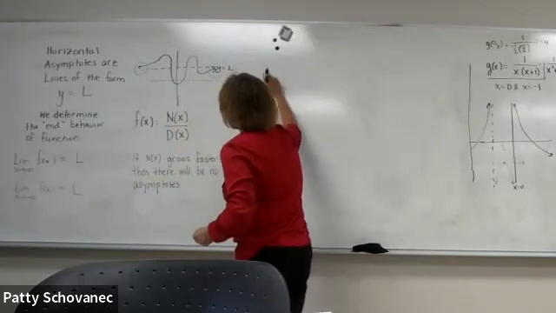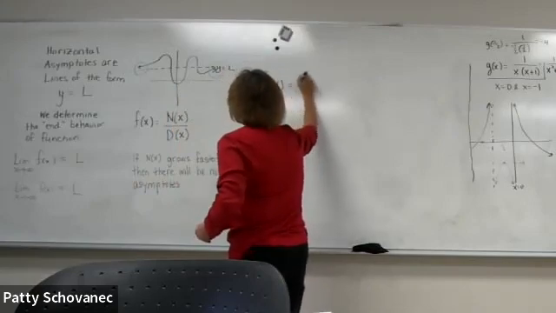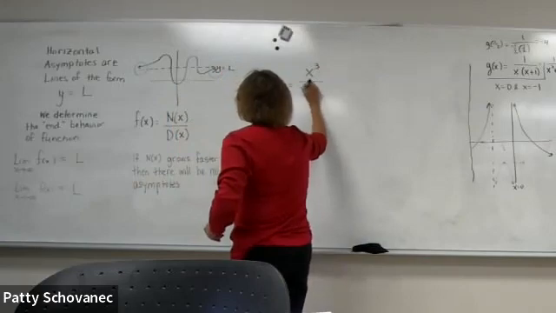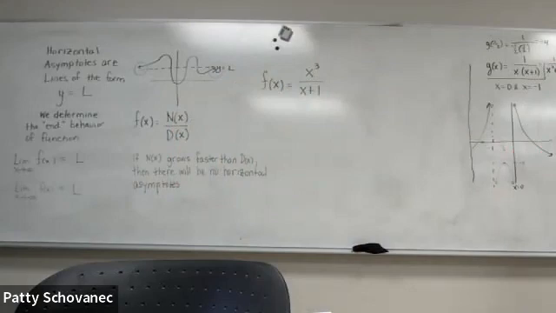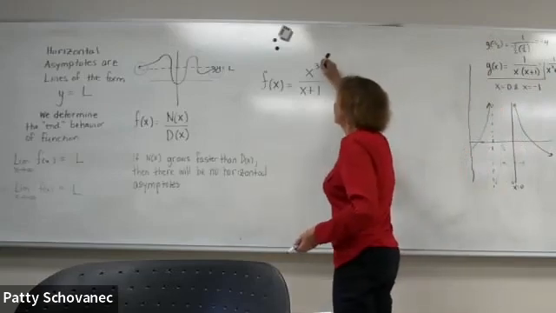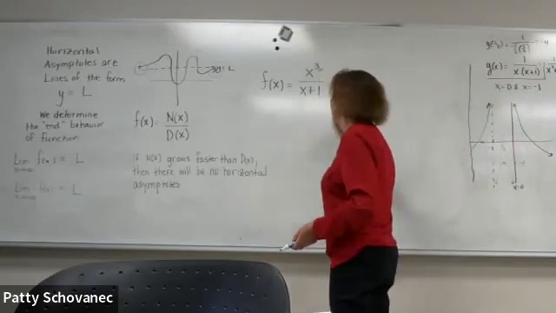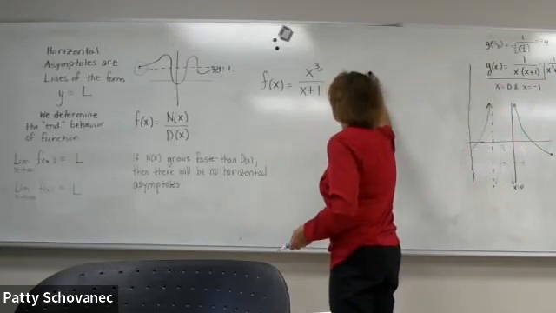For instance, this function. The numerator grows on powers of 3. The denominator only on powers of 1. So if x is a big number like 100, 100 cubed is going to be much bigger than 100. Or even 101. Okay, the degree is bigger on top than on the bottom, then there are no horizontal asymptotes.